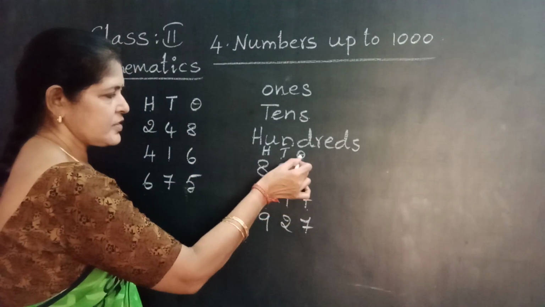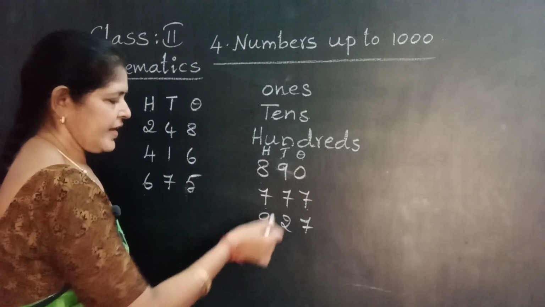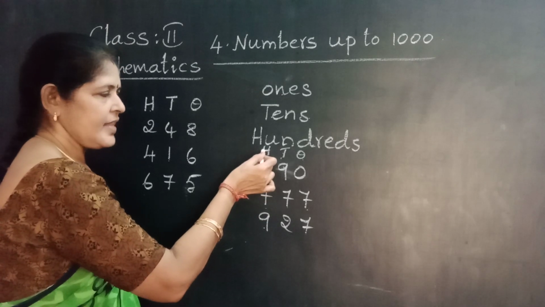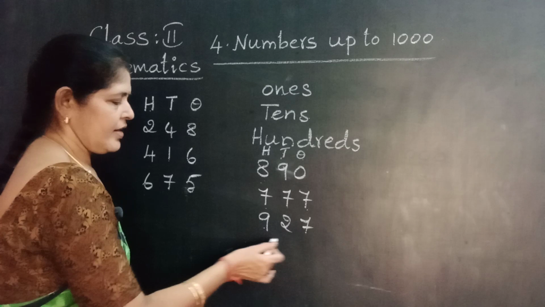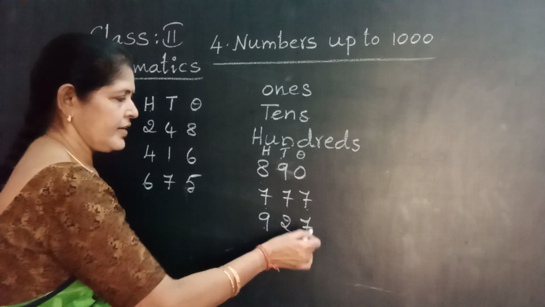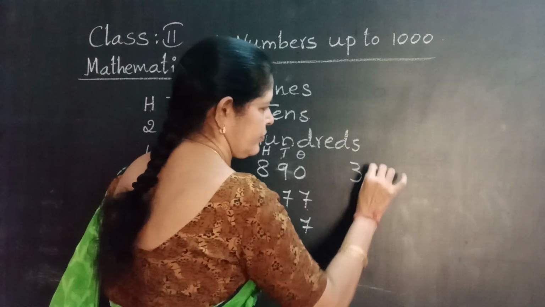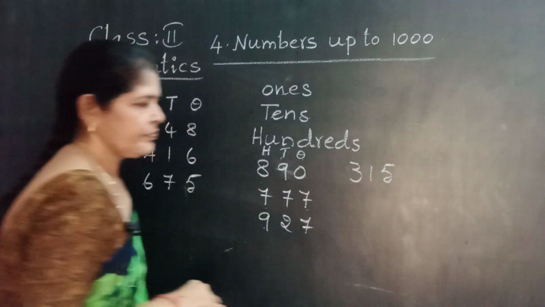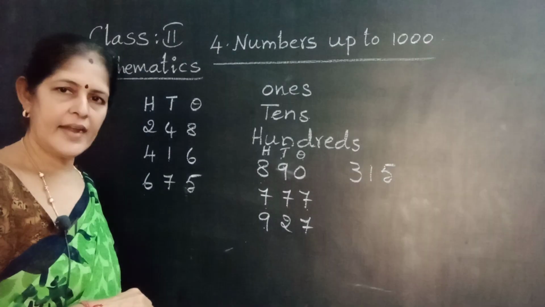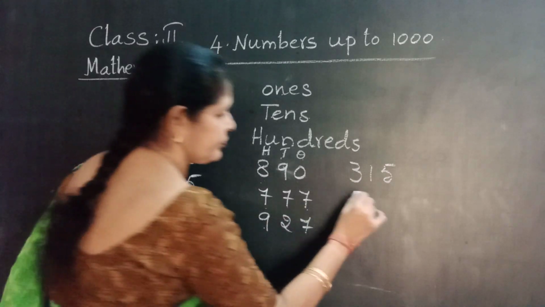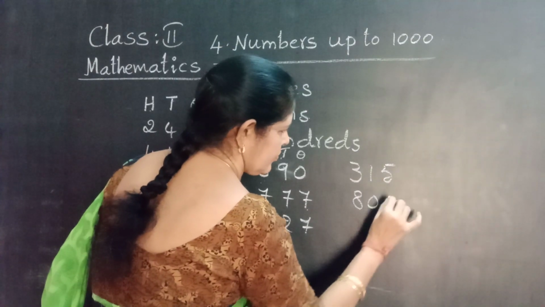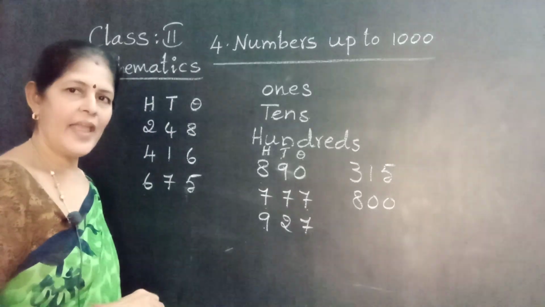7 is in the ones place. 2 is in the tens place. 9 is in the hundreds place. 927. Come on, read this number. 315. 800.